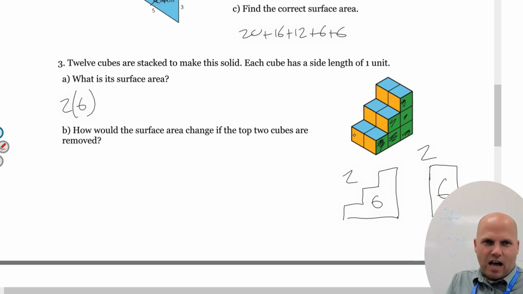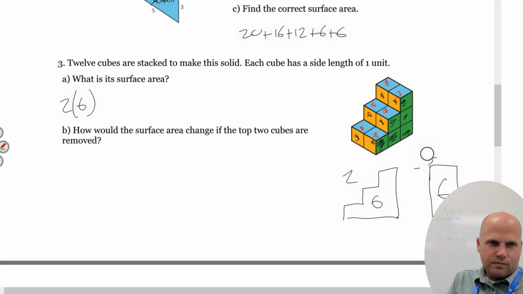But then I actually have the side, which is also a 6. So I have 3 of these. But then I have the top, which is also another 6.